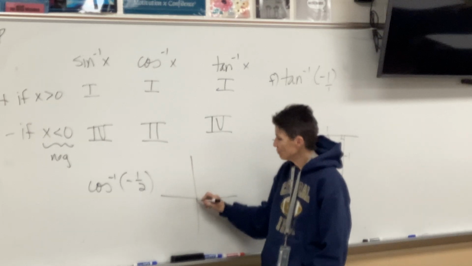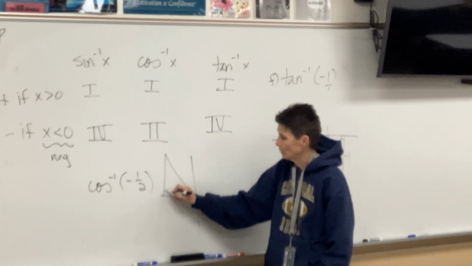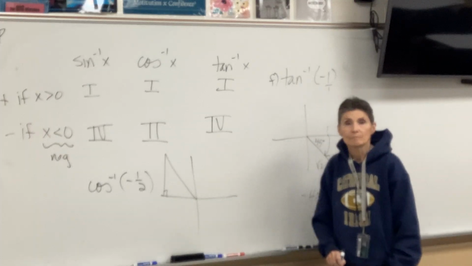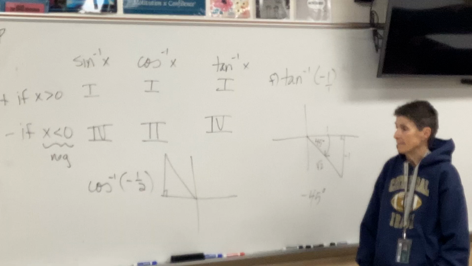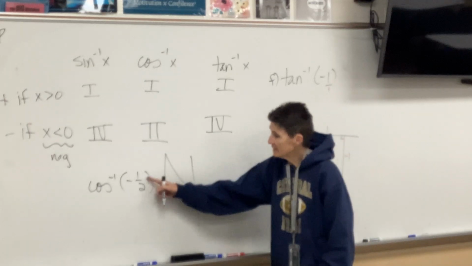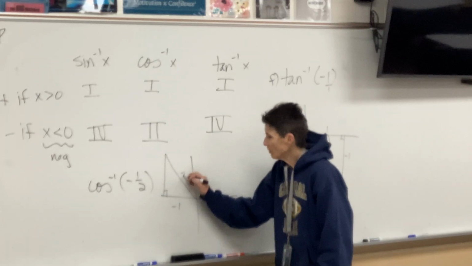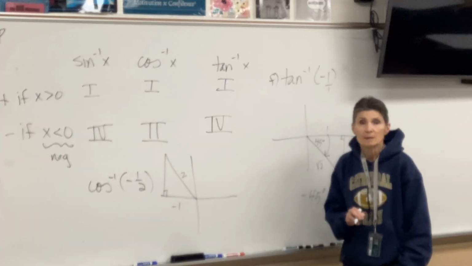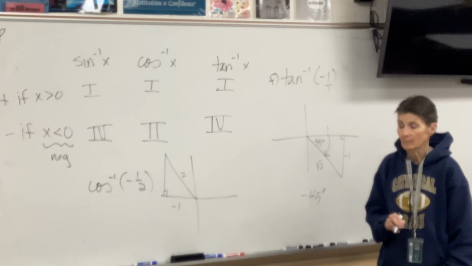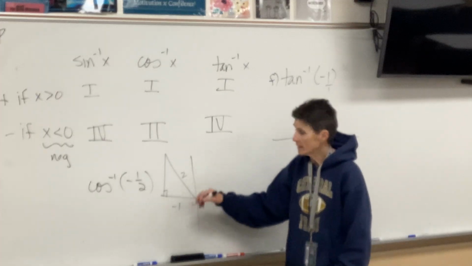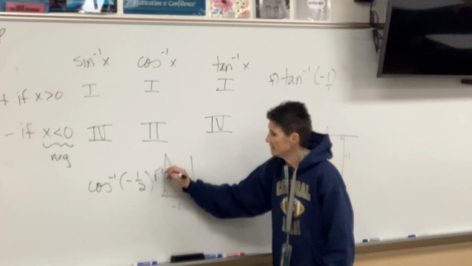Negative, I'm going to draw in quadrant 2. That's the rule. Adjacent over hypotenuse, negative 1 over 2. Special triangle, the other side is root 3.